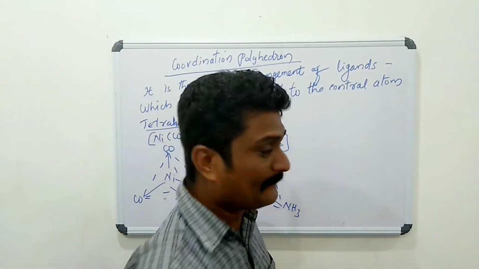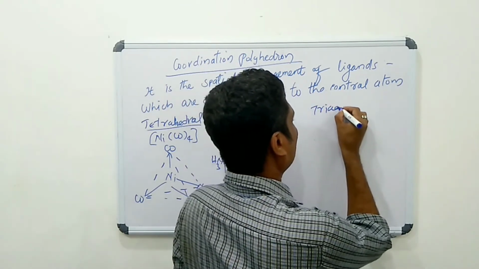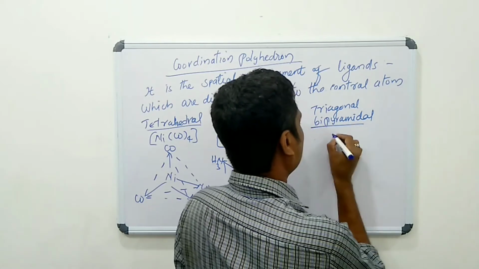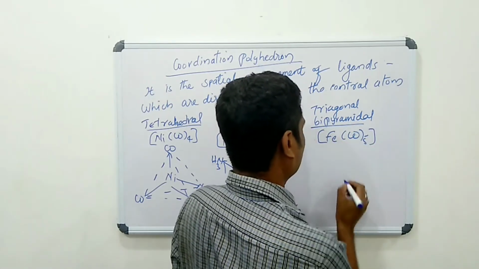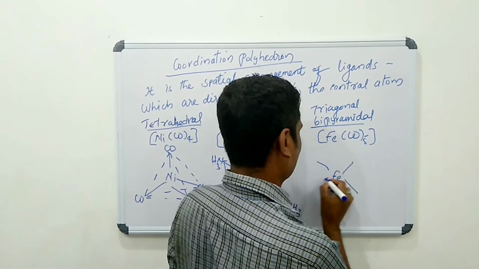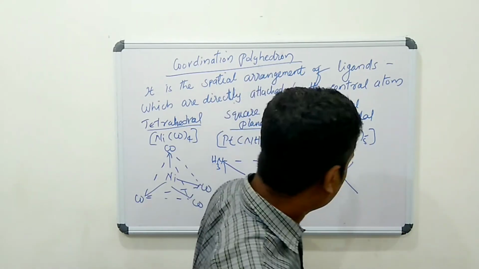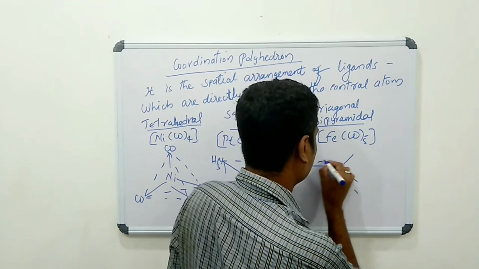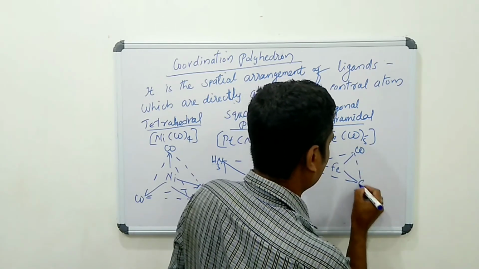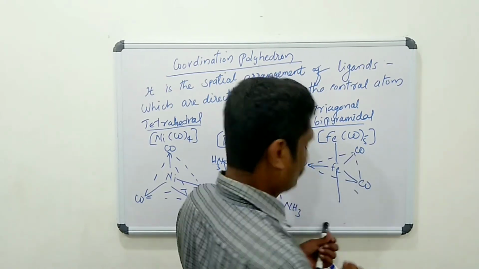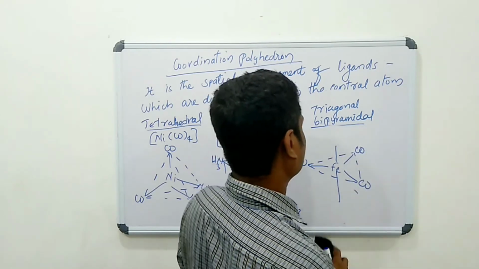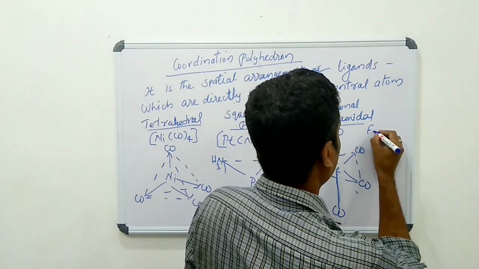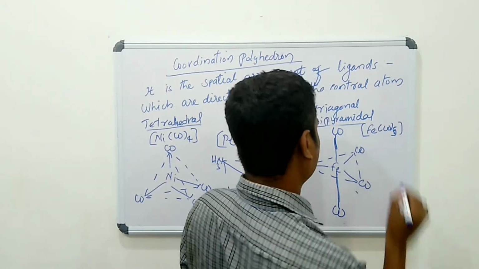Okay, trigonal bipyramidal. Please listen. The example is Fe(CO)5.